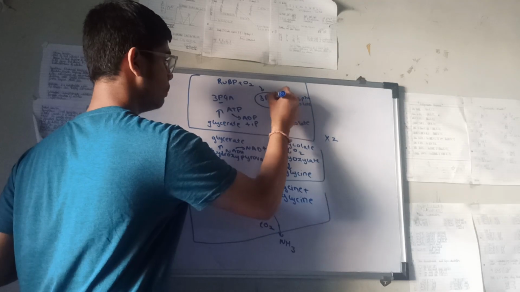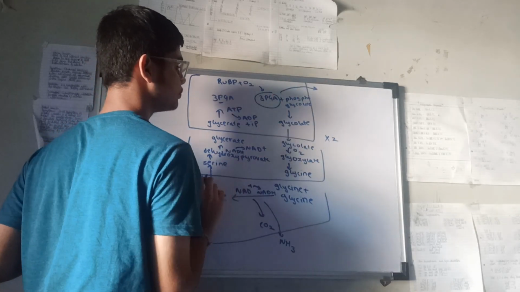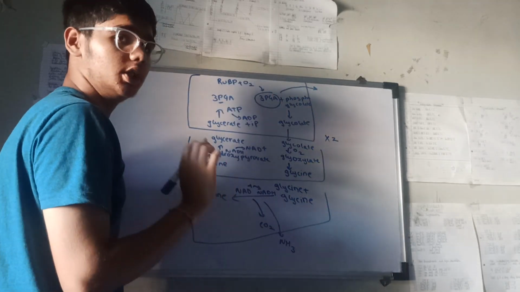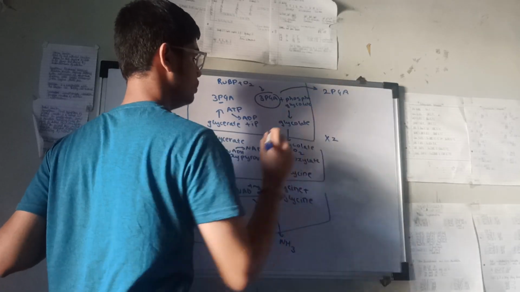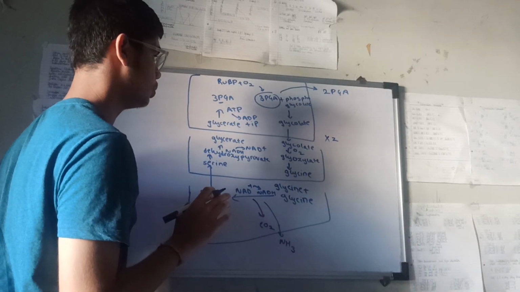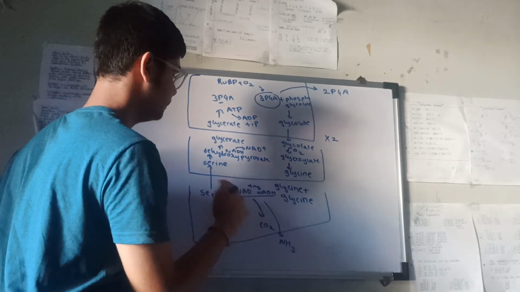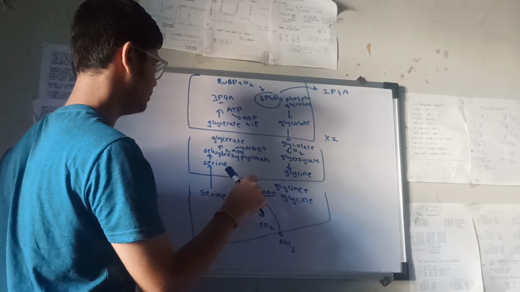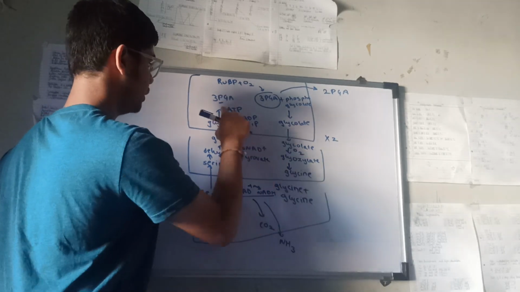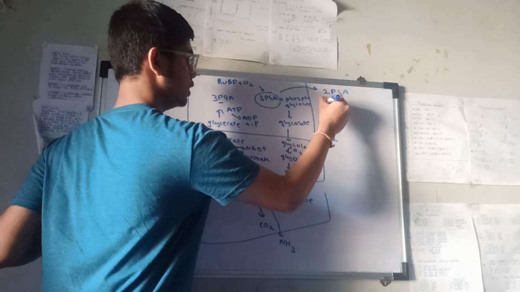So how much will be formed here? Tell fast. 2 PGA will be formed, right? 2 PGA will be formed over here, and by this, 1 PGA over here. So total 3 PGA.